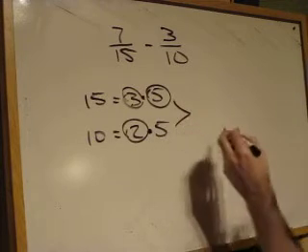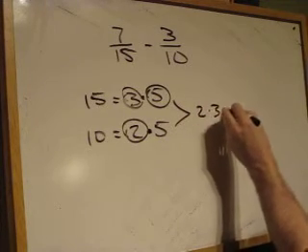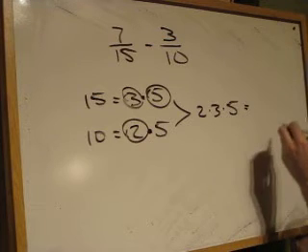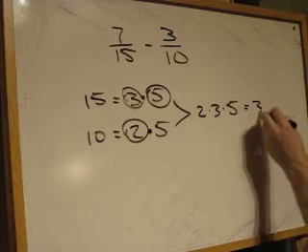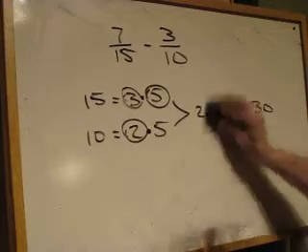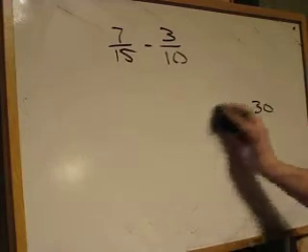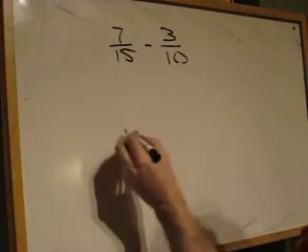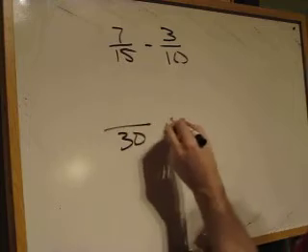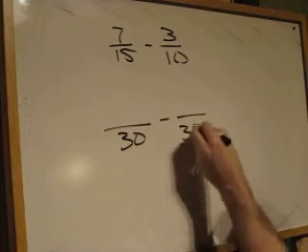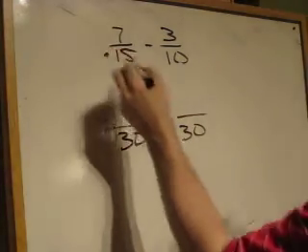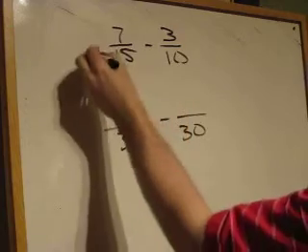Okay? So what we end up with is 2 times 3 times 5, which gives me my least common denominator of 30. So according to what we've come up with, 15 and 10 both go into 30. So we're going to change our denominators to 30. So what did we multiply 15 by to get 30? 2.